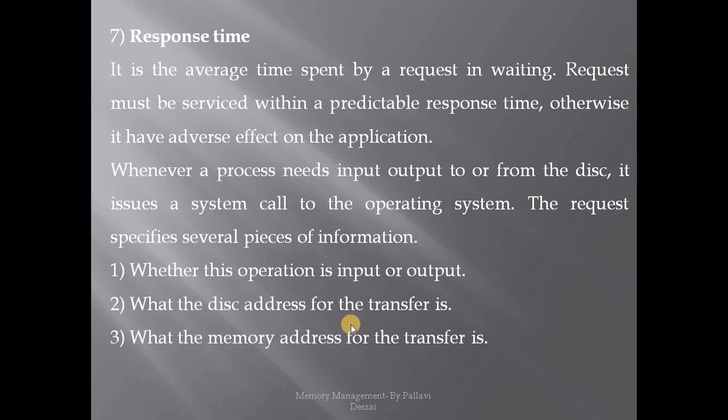Next argument is what the memory address of the transfer is. So on a given sector, which is the block number and what is its address. And the last argument, what is the number of bytes to be transferred. So how much data is to be read or how much data is to be written to the disk. So these are the four arguments which will be required for that particular system call.